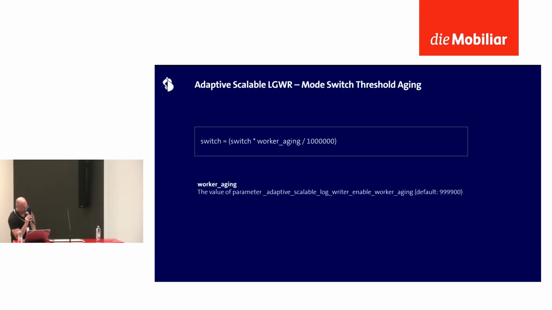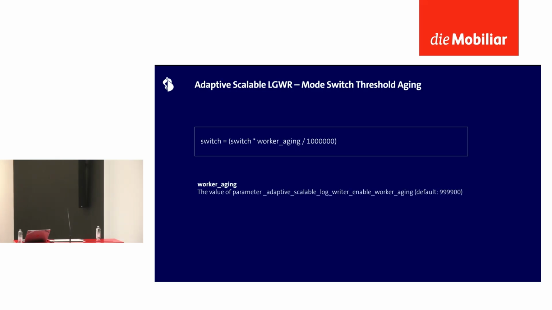I haven't mentioned that, but it's important because the switch threshold that we looked at a few minutes ago is not a static value. Oracle keeps on changing and updating it over time. To be precise, it keeps on aging it, and that means the value decreases over time to make a switch more likely. And I do not know exactly the reason why that is, but I could imagine situations when the redo volume is very high and that switch threshold is set to quite a high value.